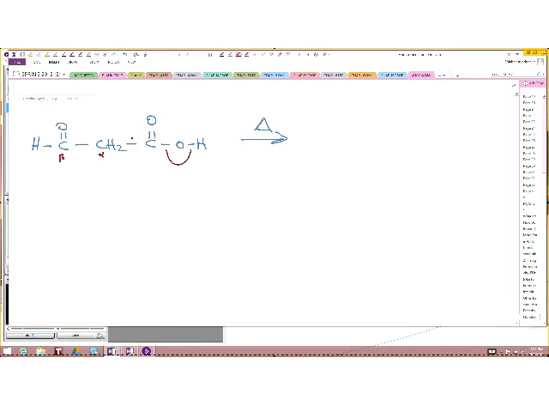This comes here. This comes here. Pair of electrons comes here. And then what do we get? We now have this, plus carbon dioxide. And of course, this proton here and the enolate anion combine to now give you this.